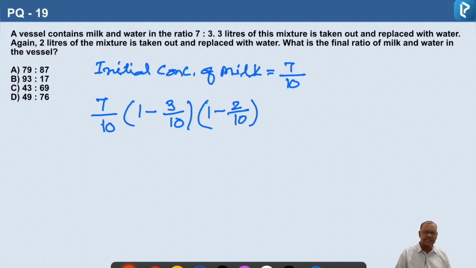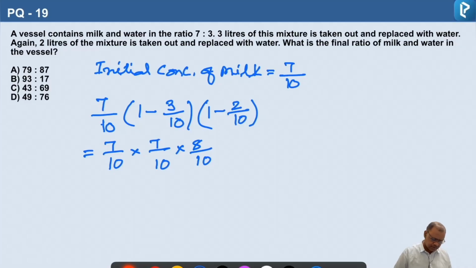So let us simplify this and find out the final concentration of milk. 7 by 10 into 1 minus 3 by 10 is again 7 by 10. 1 minus 2 by 10 becomes 8 by 10. Simplify, 2 fours, 2 fives, 2 twos, 2 fives, then again 2 ones, 2 fives.